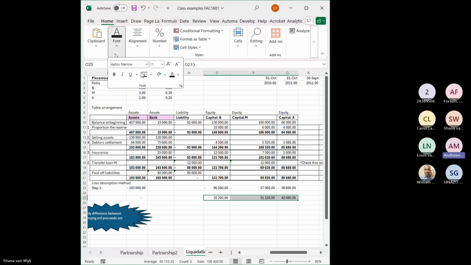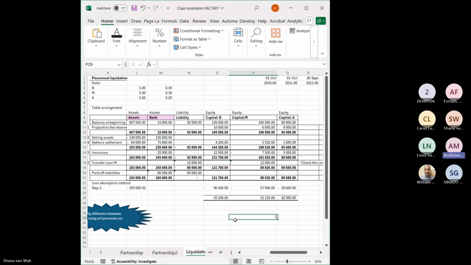After you've paid off your liabilities in the capital accounts, they're negative. So if you subtract the apportionment of assets and the final answer after you've subtracted is positive, then that means that it's a loss and then you apportion the loss. But now all of the answers that you've gotten are negative.